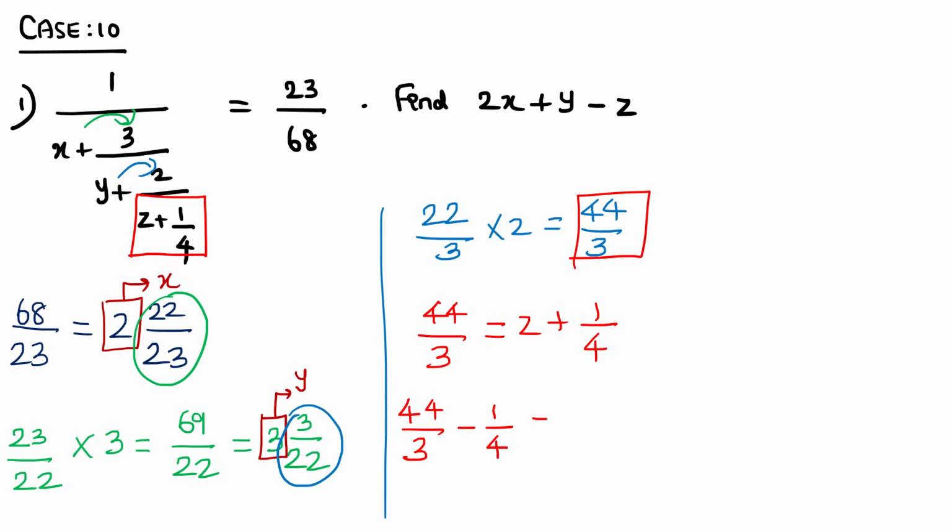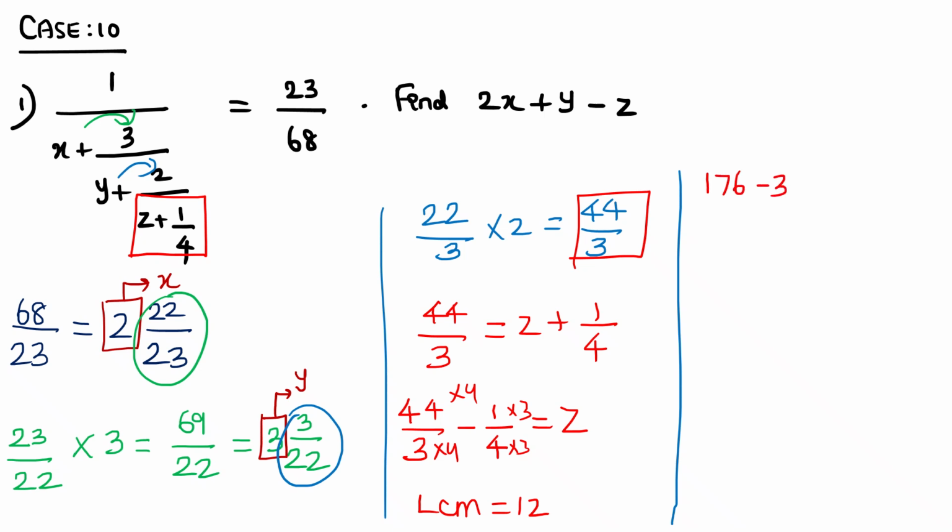Then after taking the LCM, which is 12, into 4 into 4 and into 3 into 3 you will be doing. Then 44 into 4 you will get 176 minus 3 by 12 is equal to z, which gives me 173 by 12 is equal to z.